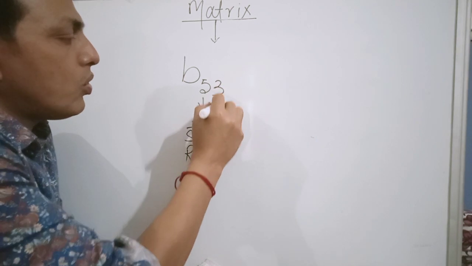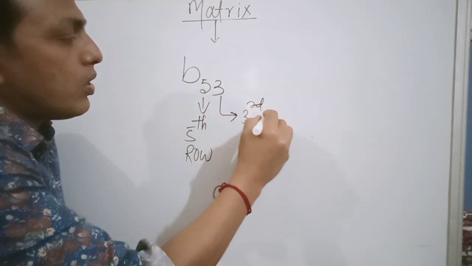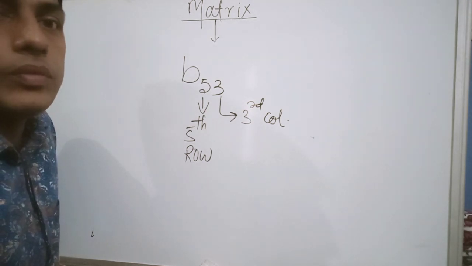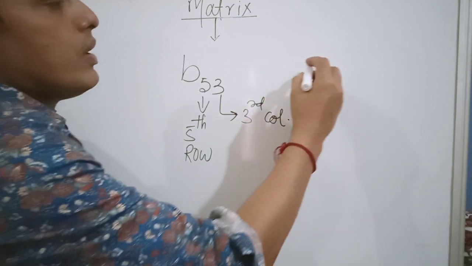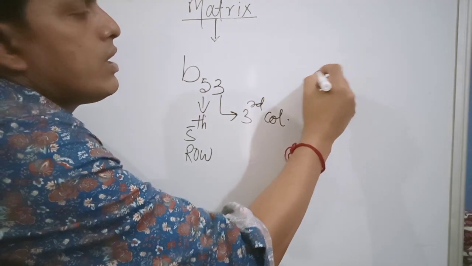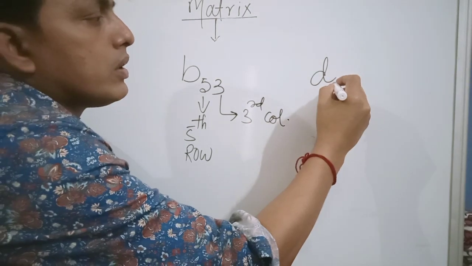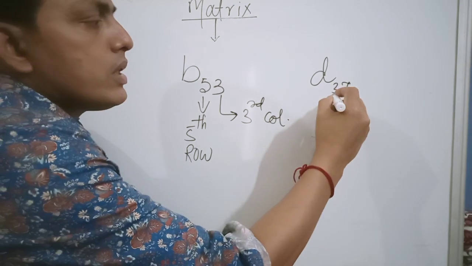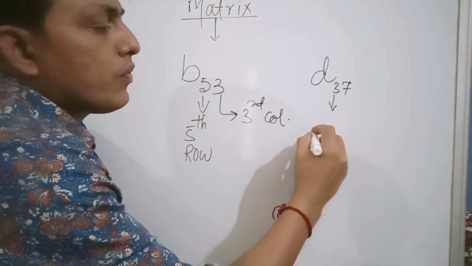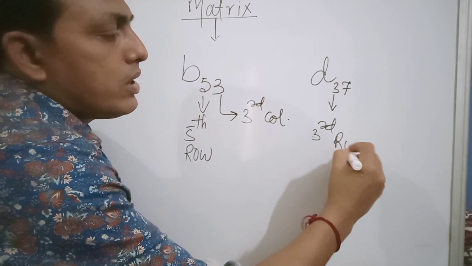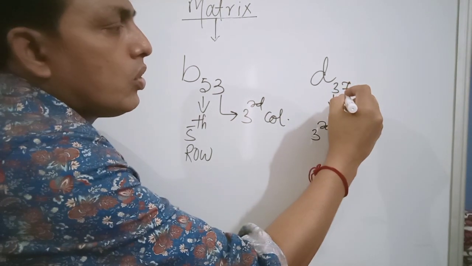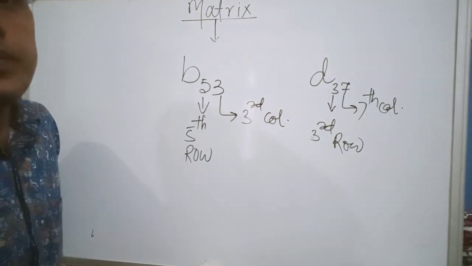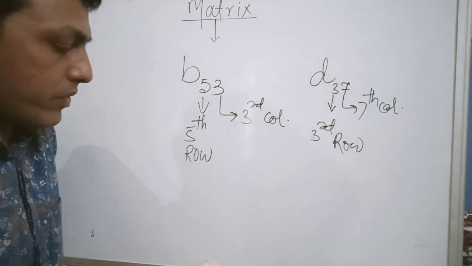Fifth row and third column. Correct? If we have an element d37, it means this element is a part of third row and seventh column. Okay.